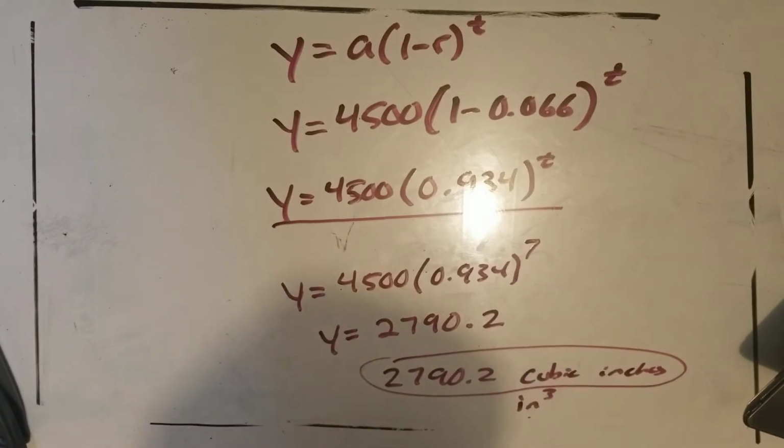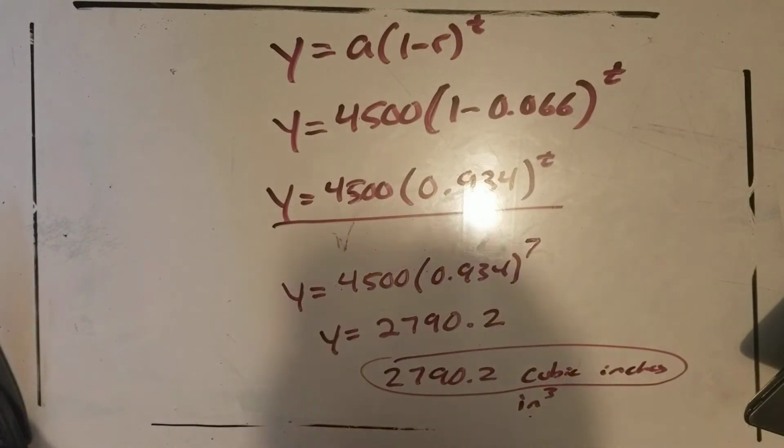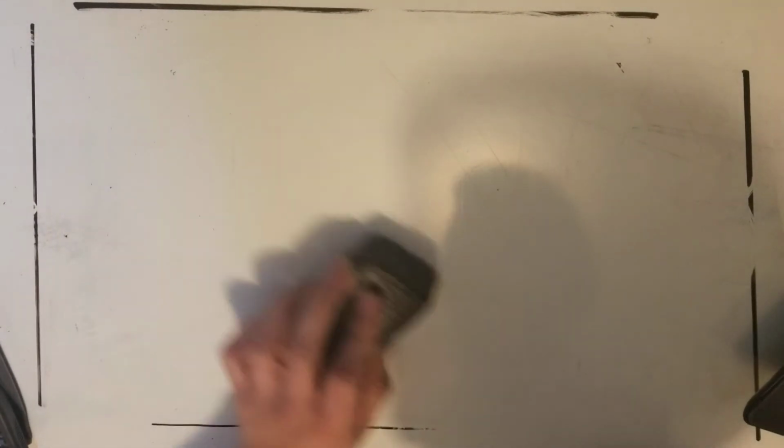And let's say, we'll do one more. We'll do slide number 5. This is talking about Josh. It says, Josh has 12 pennies and plans to double the amount he has every week.